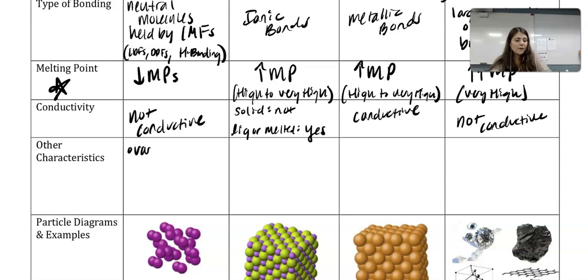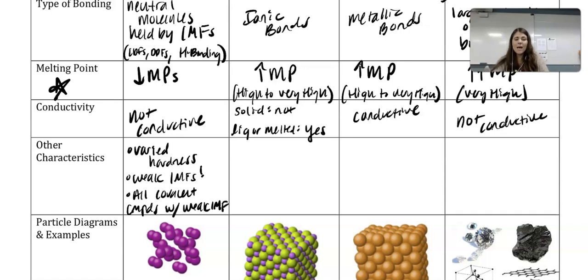They do have varied hardness. They're, again, weak IMFs, all covalent compounds with those weak IMFs. And when I say weak IMFs, I'm talking those LDFs, dipole-dipole forces, hydrogen bonding, okay? Ionic, they're going to be hard and brittle. And I'm sure you're sick of this equation. Coulomb's law is going to help us look at the strength, okay?